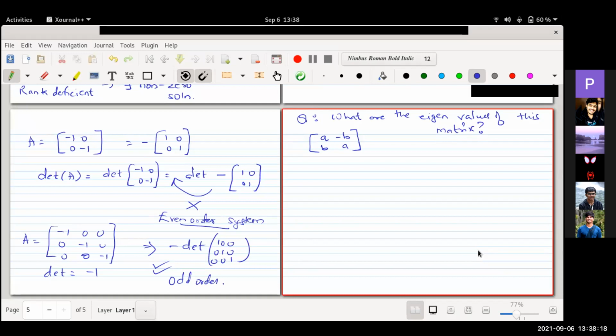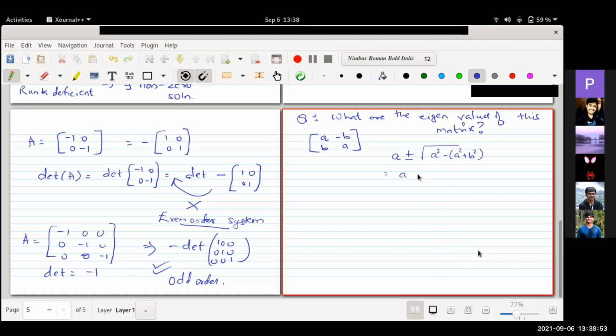A plus or minus square root of a squared minus a squared plus b squared. That means, A plus or minus iB.